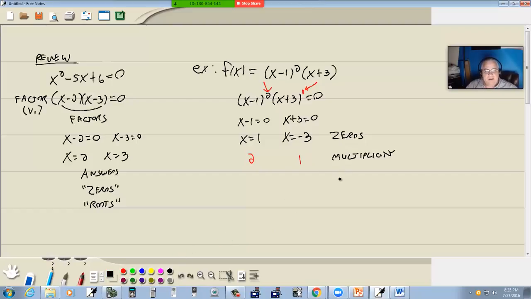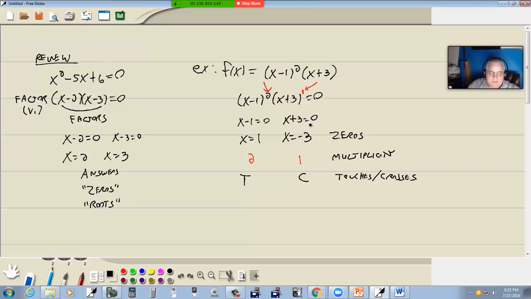Although they don't touch upon it, that tells us whether it touches or crosses. If your multiplicity is 2, if it's even, that means it touches. If it's 1, it's odd, that means it crosses.